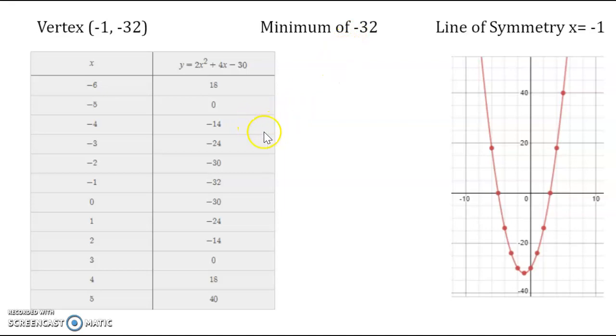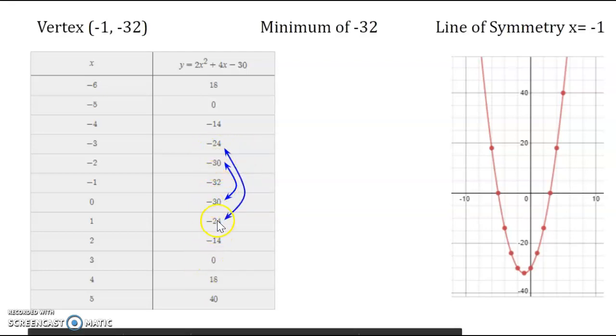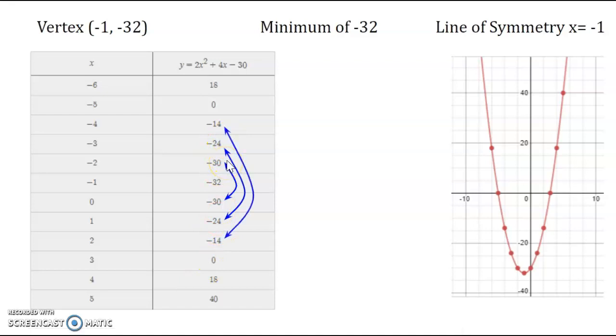Something else that you should note is that for the y value, -30 and then -30 here, they match up. And then we have -24 and -24 that match up, and then -14 and -14, and 0 and 0, and 18 and 18.